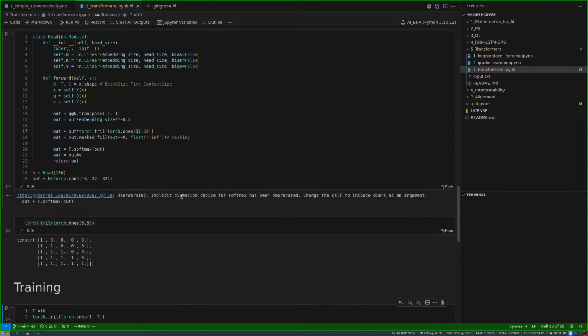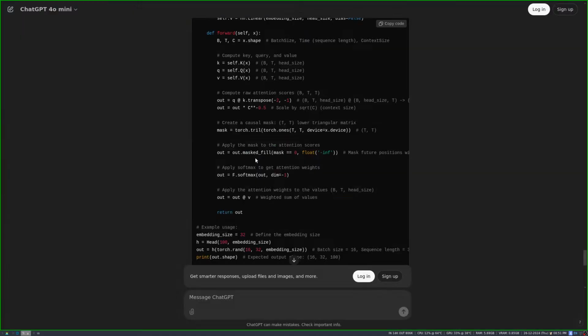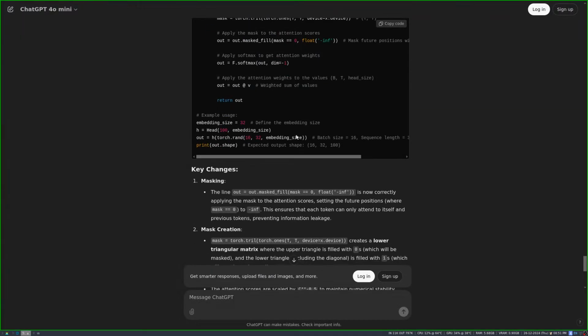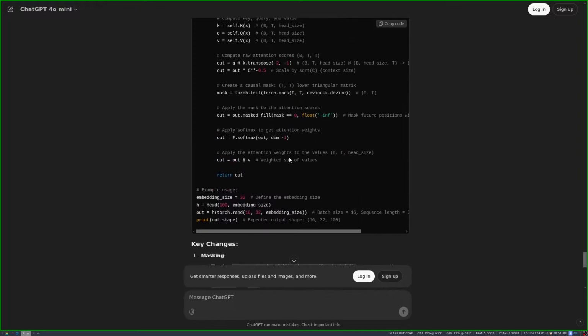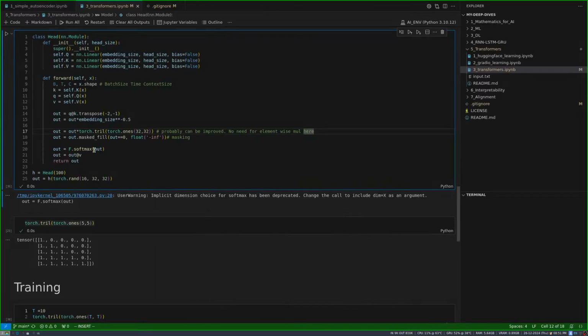I think initially this thing works. Probably can be improved. No need for element wise multiplication here. Yeah, I think that'll do. We'll do dimension equals minus 1.